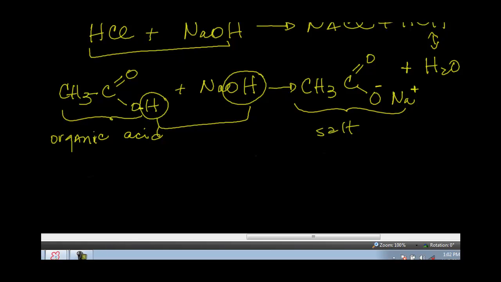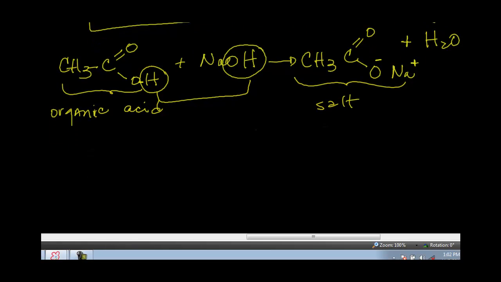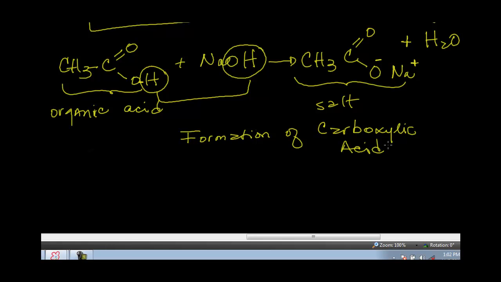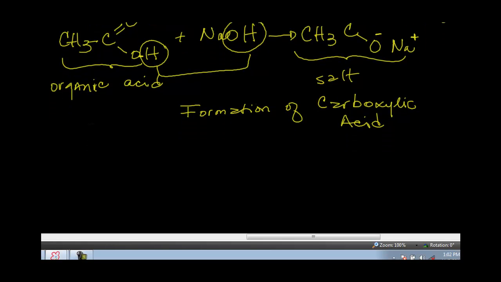I am going to remind you, how did we form a carboxylic acid? We had said things in the past. Formation of carboxylic acids. And we really started with an alcohol, oxidizing it to an aldehyde.